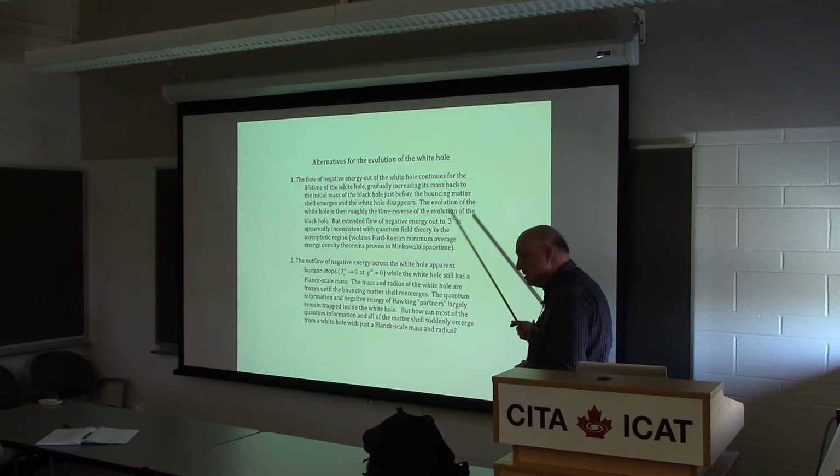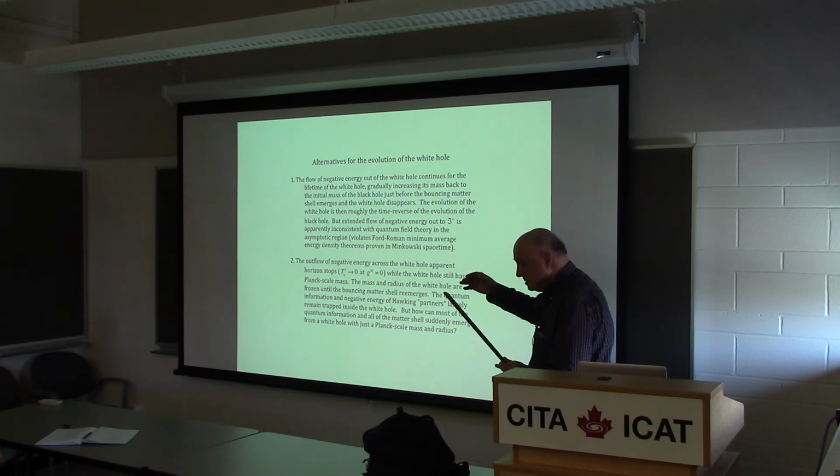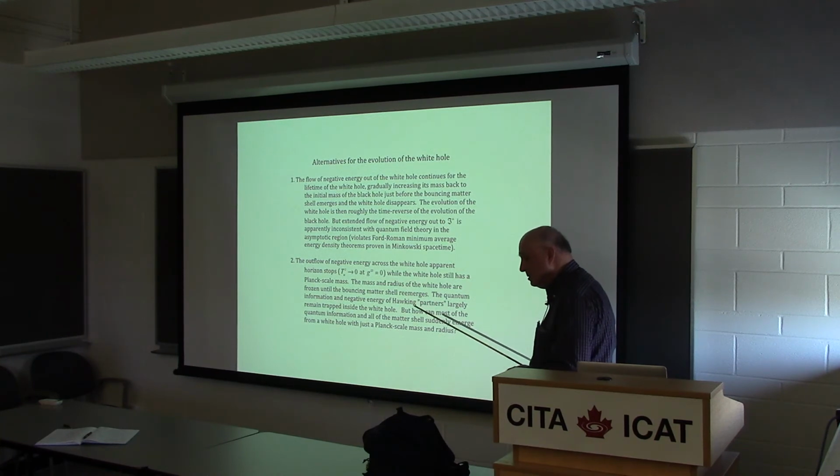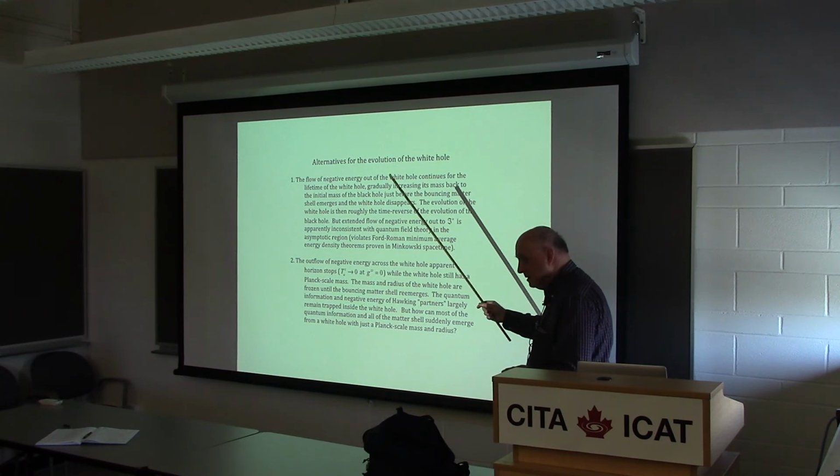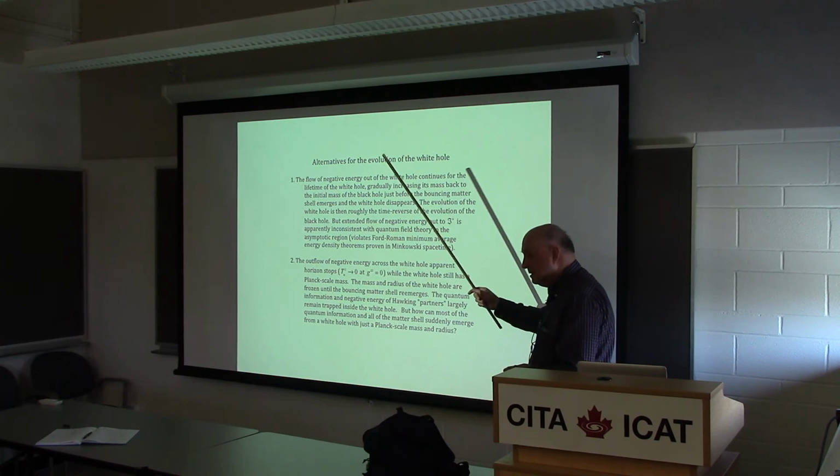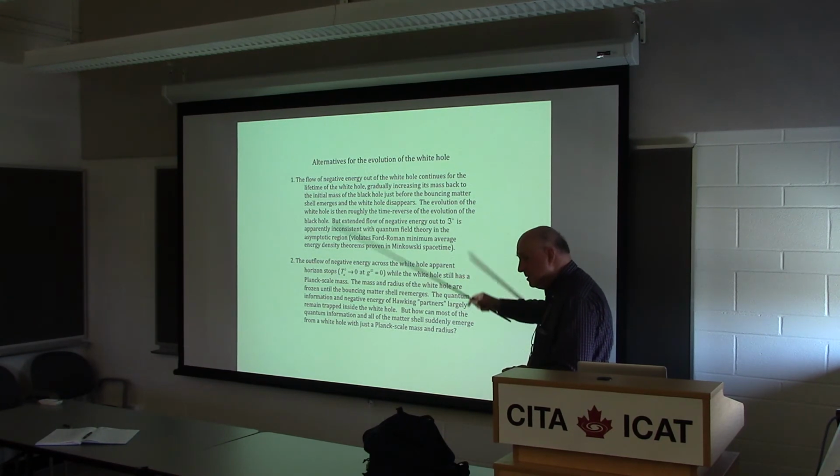Now, if you assume it does stay that way, so you just have this stuff coming in along ingoing radial geodesics and going out along outgoing radial geodesics, then what happens is the mass of the white hole steadily increases until you get to when the shell that formed it, everything, comes out.